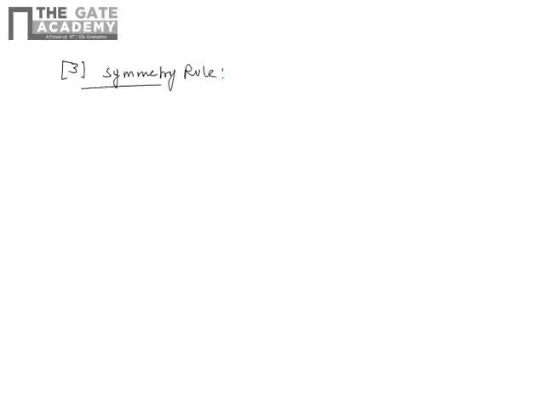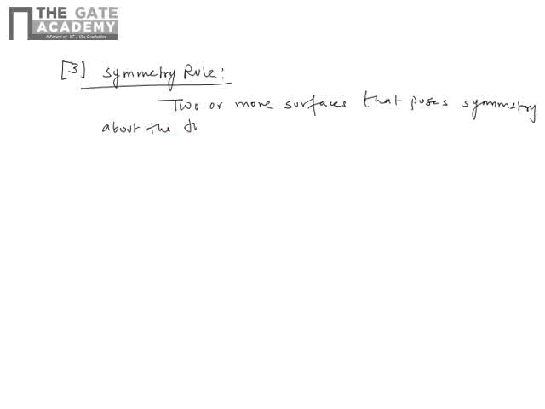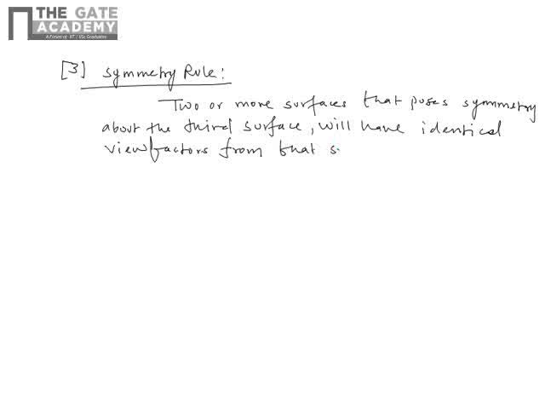The third rule is the symmetry rule, which states that if two or more surfaces possess symmetry about the third surface, they will have identical view factors from that surface.